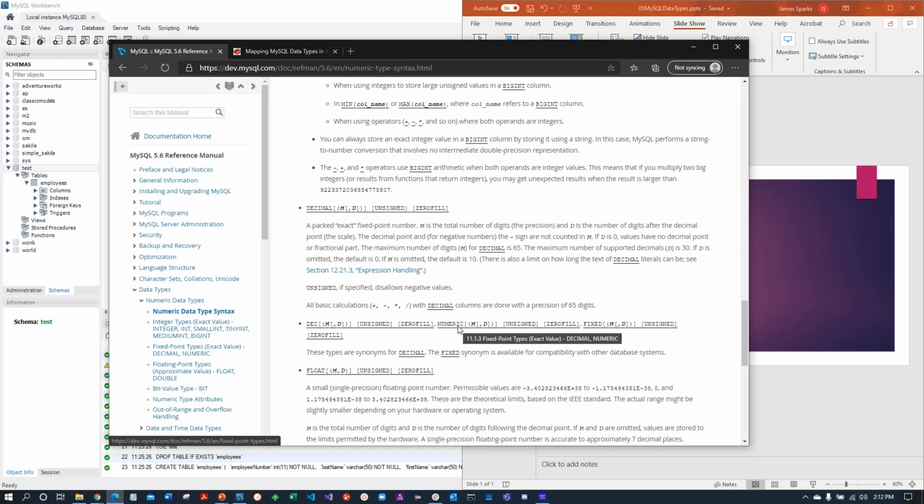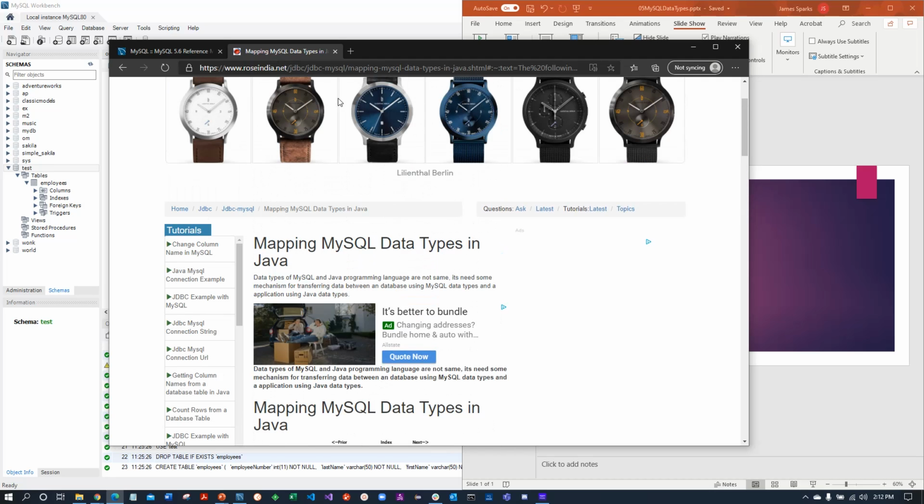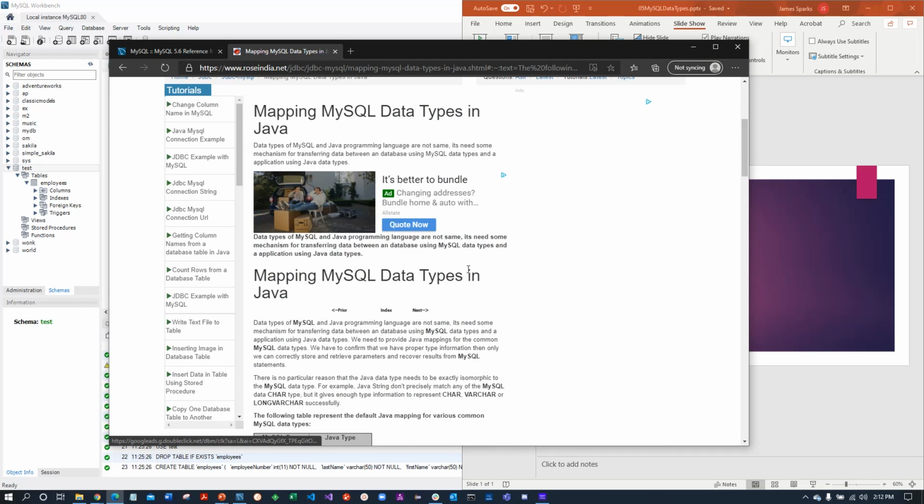So a better way to look at it is from the Java perspective, from the high-level language perspective. That is, how are you going to use MySQL in a way that's compatible with Java data types? And in that case, I've looked up mapping MySQL data types to Java data types, and found this very nice site, www.roseindia.net.